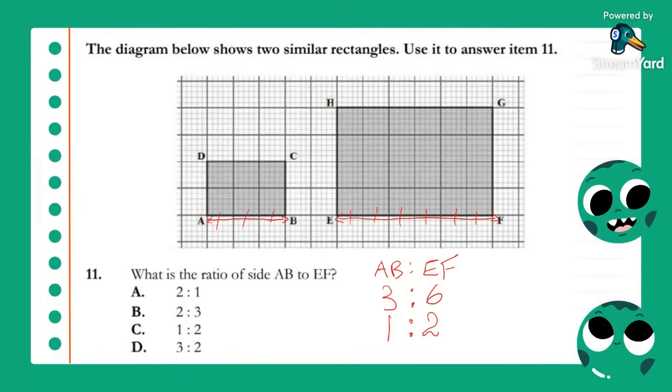So the ratio for these similar rectangles, AB to EF, would be 1 to 2. Good job. Yes, it can be simplified. That's something I like, when you notice that things can be simplified. Most of these questions may ask for the simplest version of it.